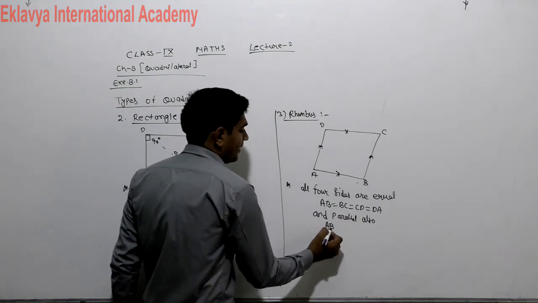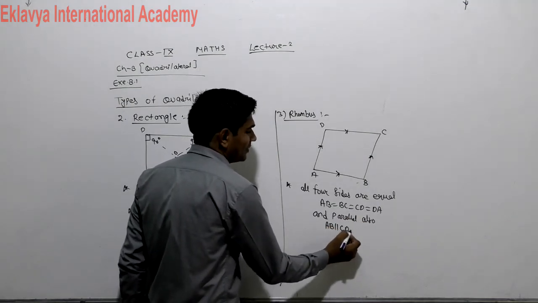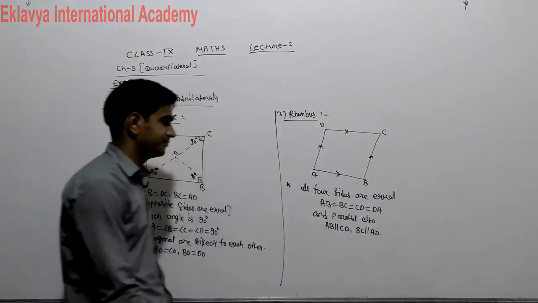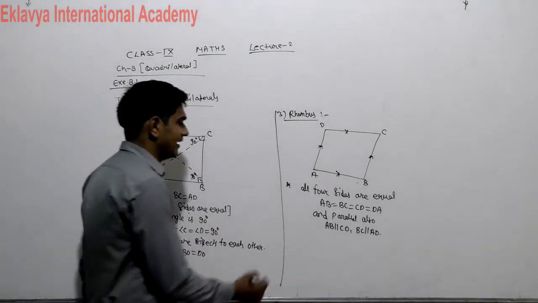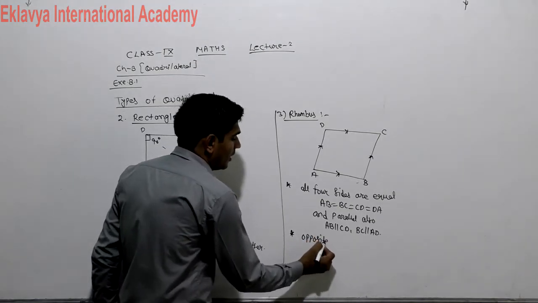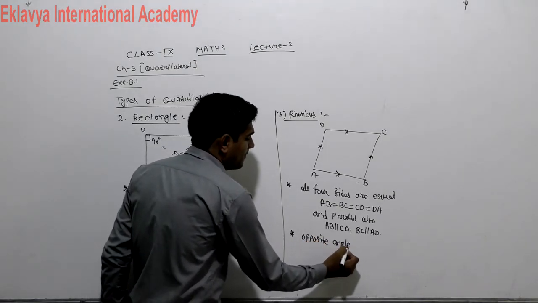Parallel meaning AB is parallel to CD, BC is parallel to AD. First. Second is that opposite angles are equal.